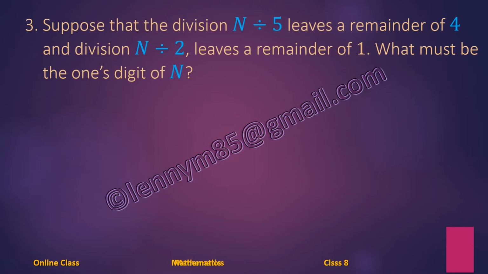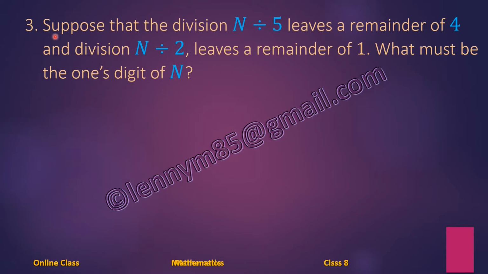Let us consider the third problem. Suppose that the division n divided by 5 leaves a remainder of 4 and division n divided by 2 leaves a remainder of 1. What must be the ones digit of n?